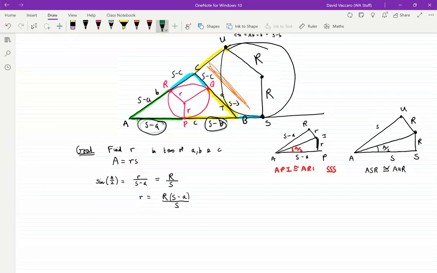But the only problem I've got is I don't know an expression for capital R.